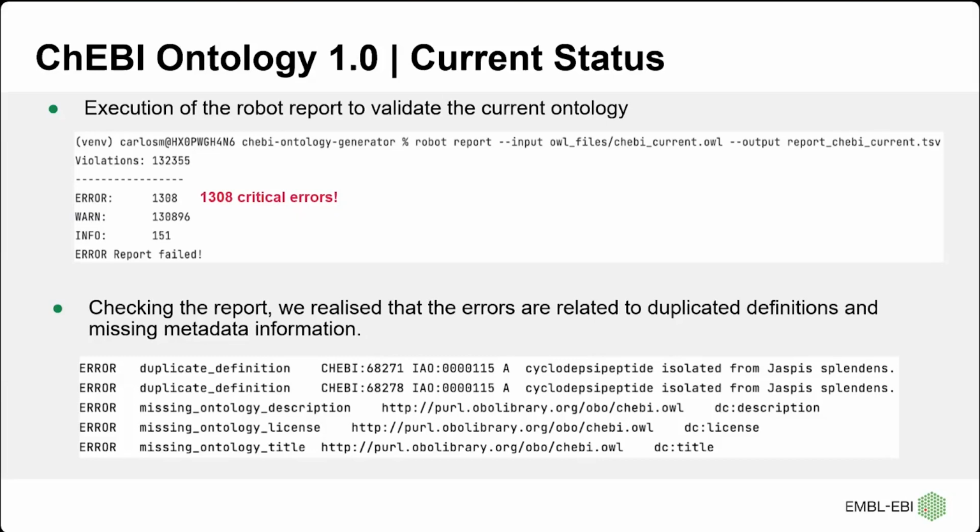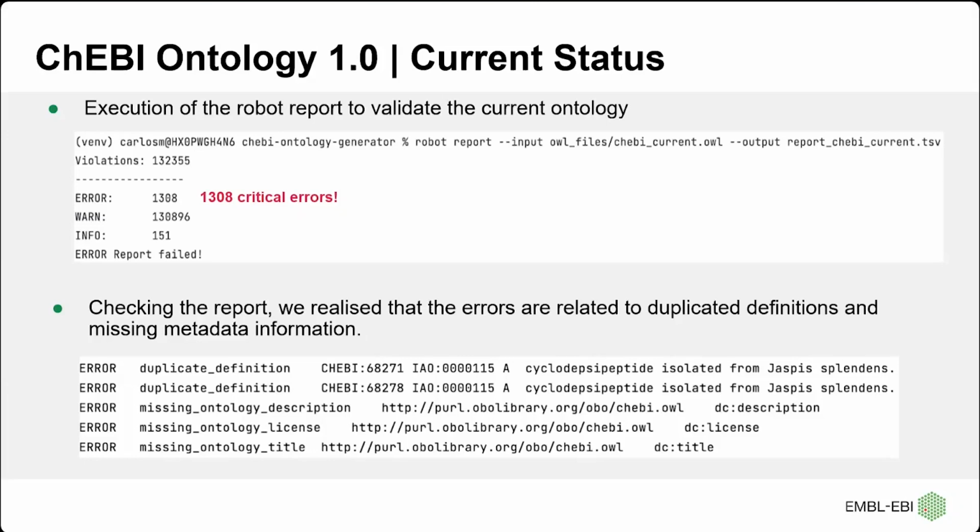We checked the report and we realized that the errors were related to metadata information and some duplication in the definitions of some components. So once we realized this, we started with the redevelopment.